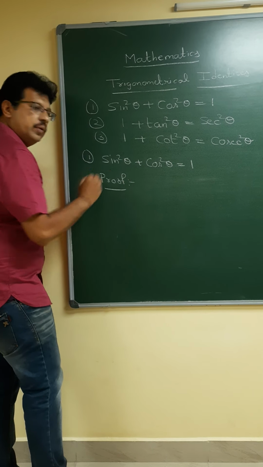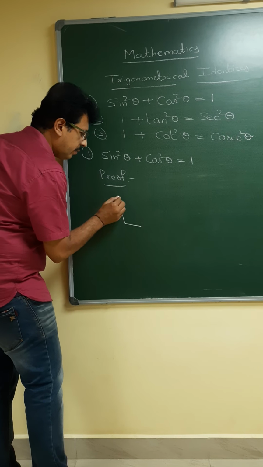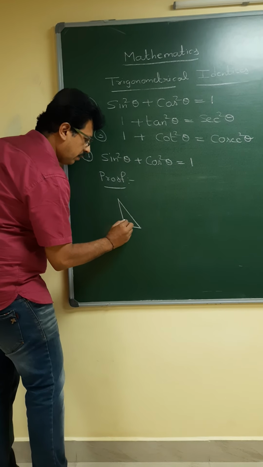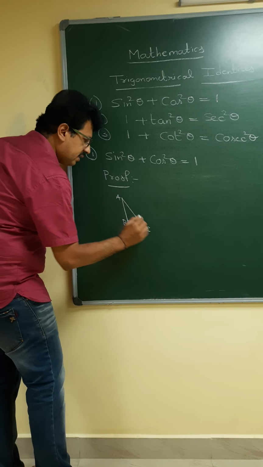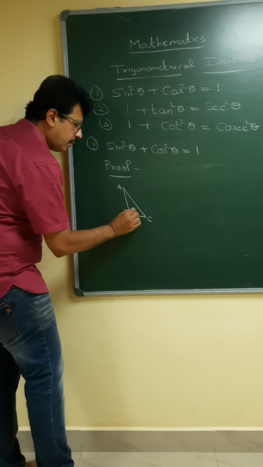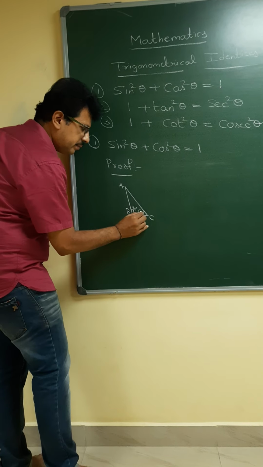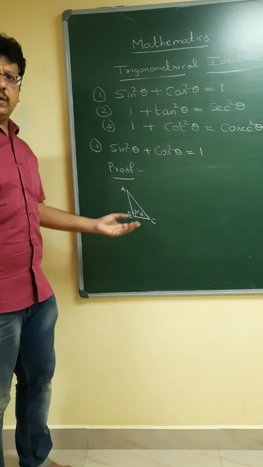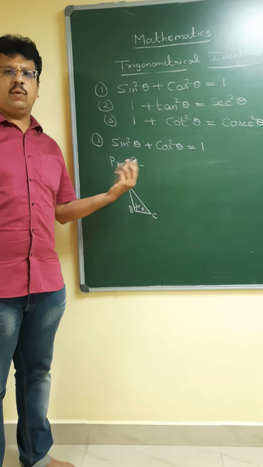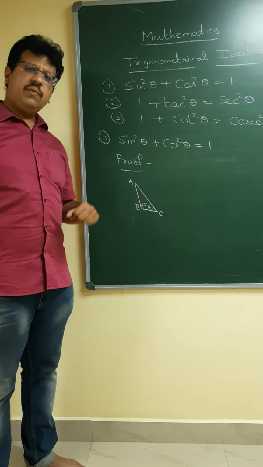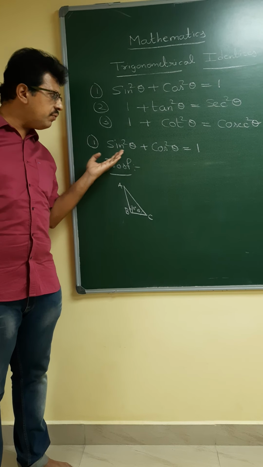In the proof, we consider angle B as 90 degrees, and we consider angle C as theta. You can take angle C as theta or angle A as theta, any one angle.